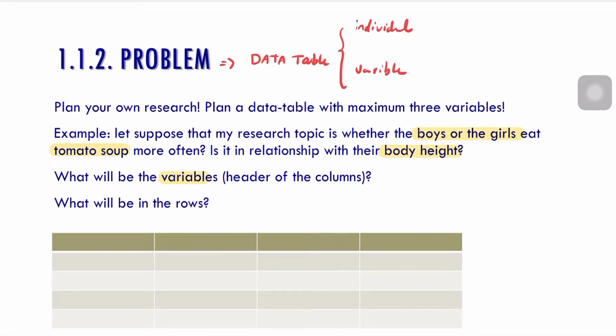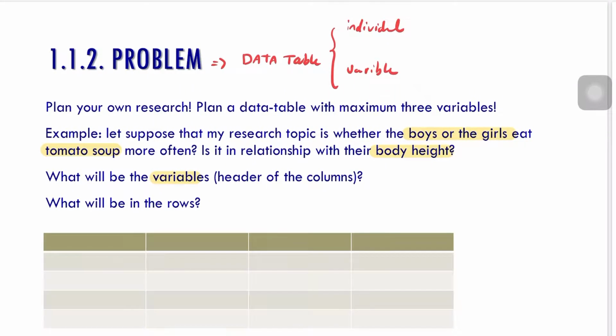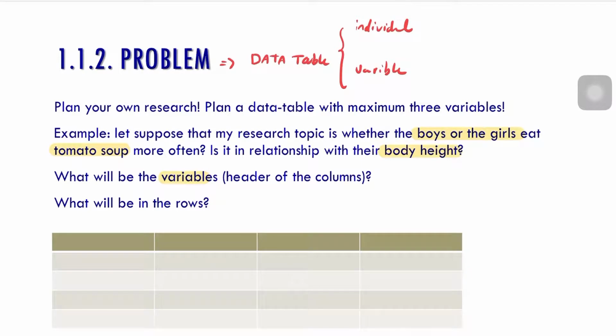What will be in the row? It can be the name of the student or the number of students, which is the individual. Then we can write here, in this slide, students.